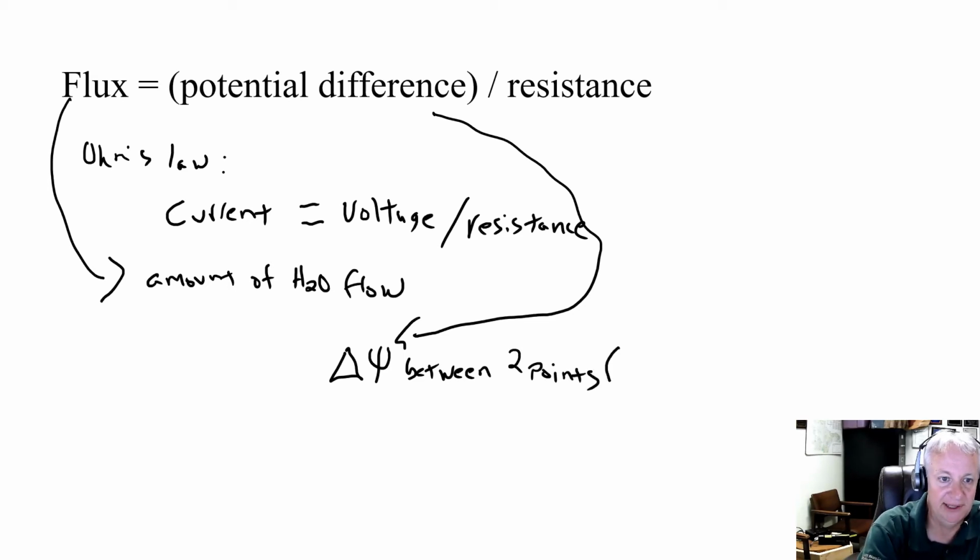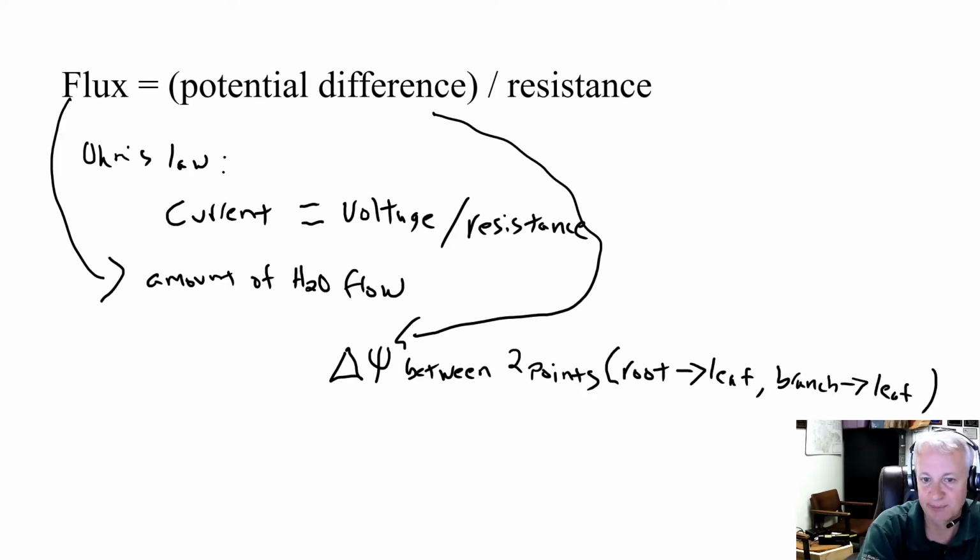That might be root to leaf. That might be branch to leaf. But just sort of defining those endpoints in what the water potential difference is. So again, remember, water always flows from less negative to more negative. This is just the difference in water potential between those 2 points.